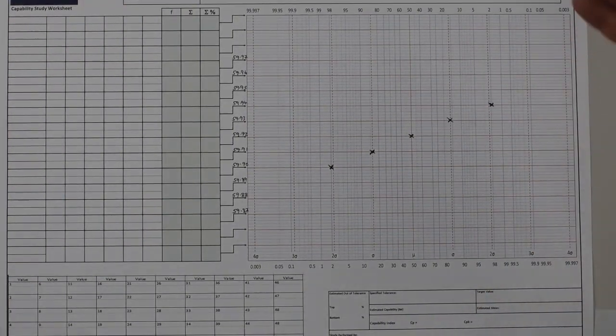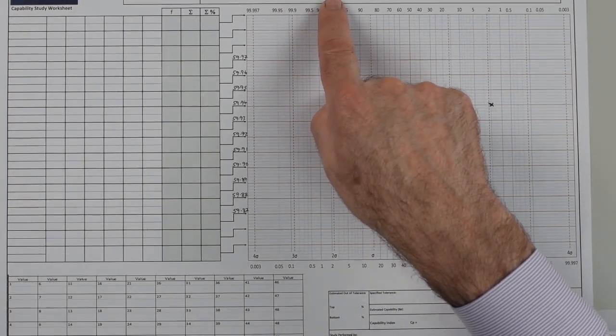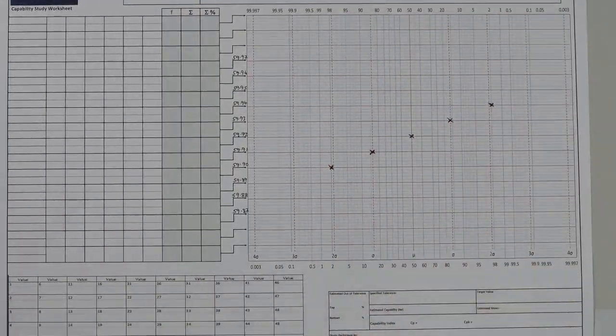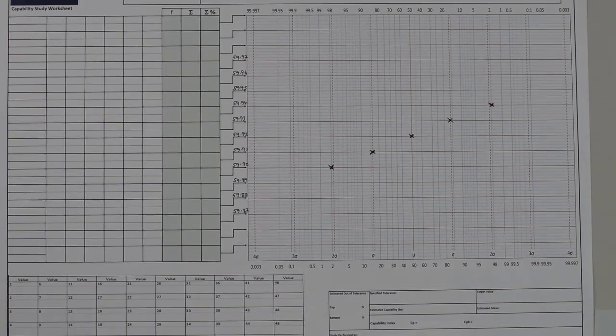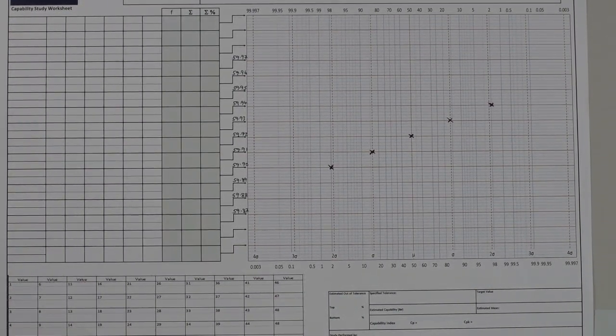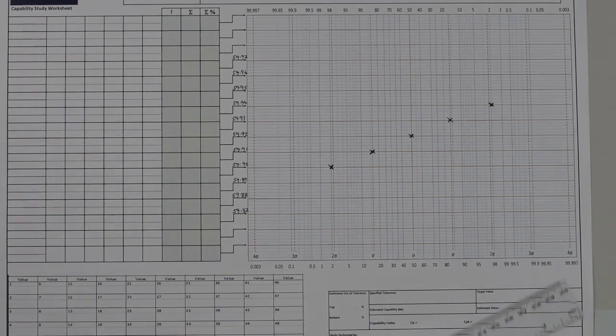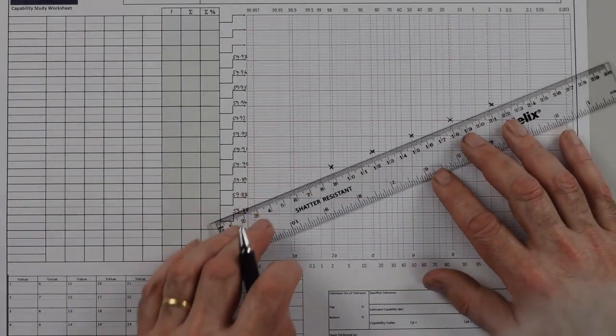So here I've used the same data as the previous question, but I've only given you the upper specification limit, the lower specification limit, and the data plotted on the chart along with a scale. The procedure here is very similar to what you did in the previous question. First of all, you must pick the best straight line through the data set.